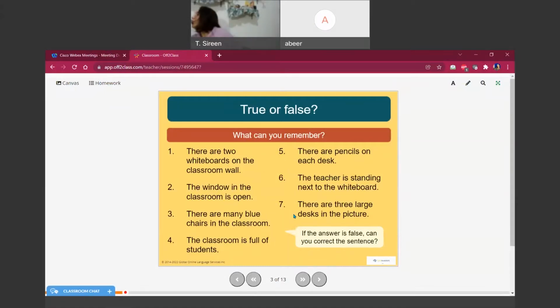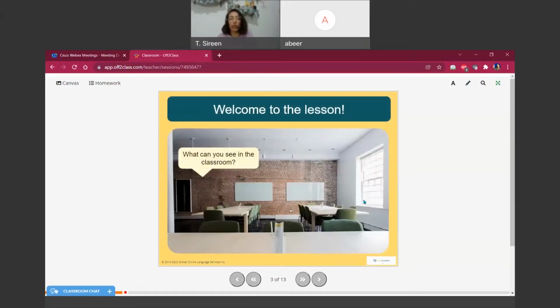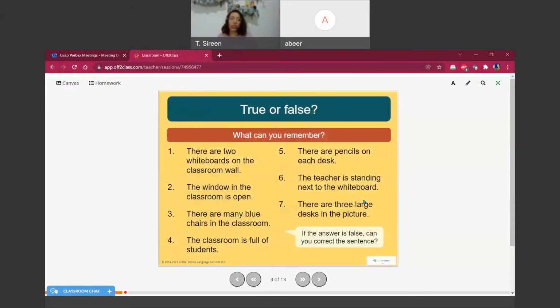Is it true or false? True. The window in the classroom is open. True. No. There are many blue chairs in the classroom. False. What's the color?